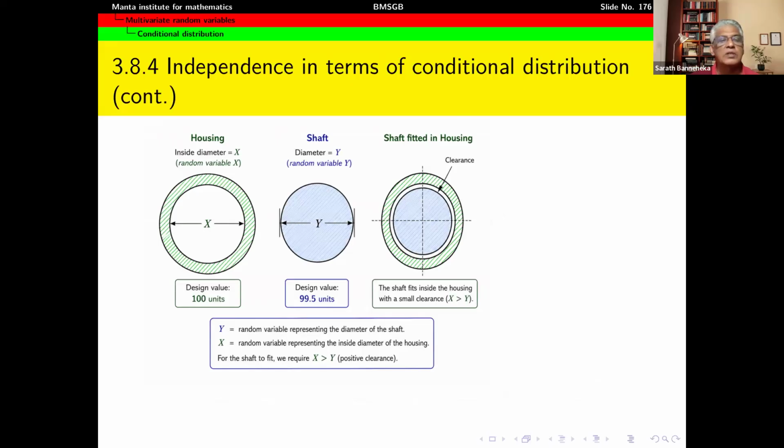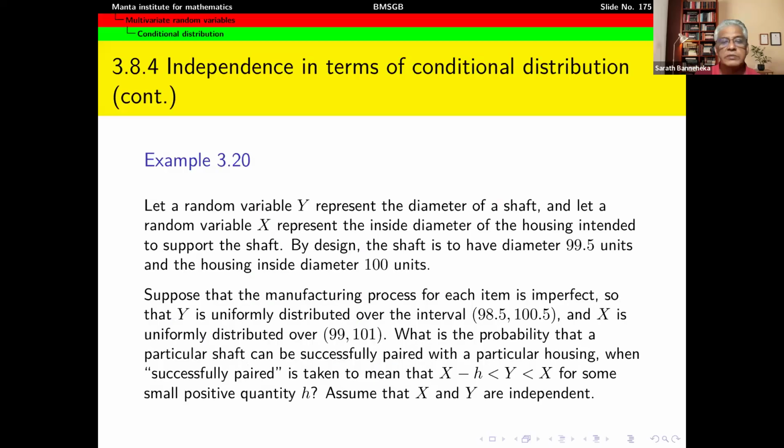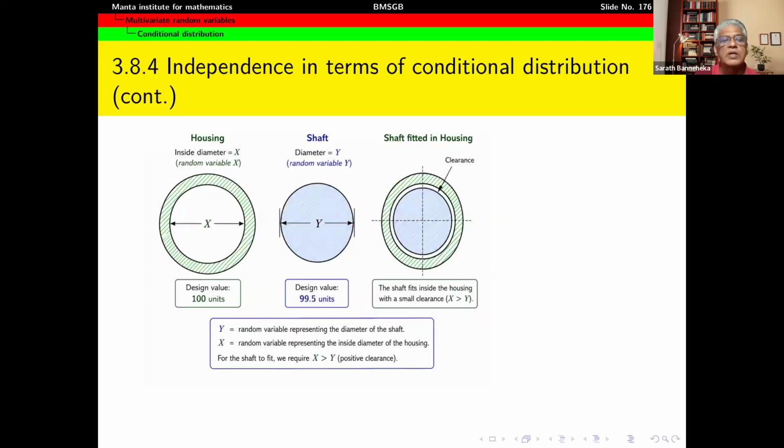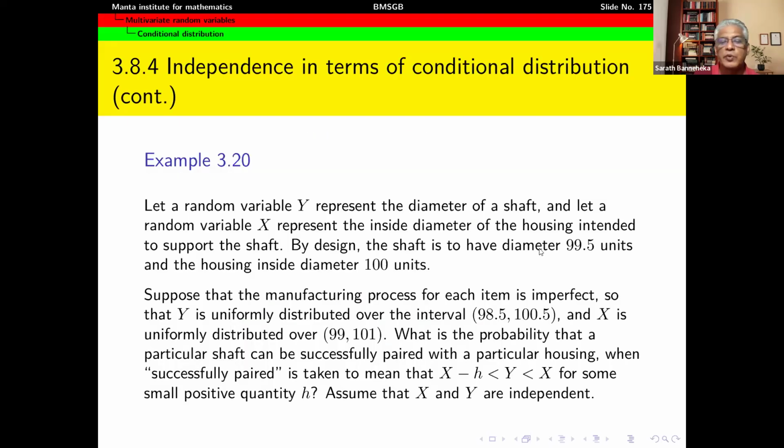The inside diameter of the housing is a random variable, X, uniformly distributed in the interval 99 to 101. Y is the diameter of the shaft. It is also uniformly distributed in the interval 98.5 to 100.5.